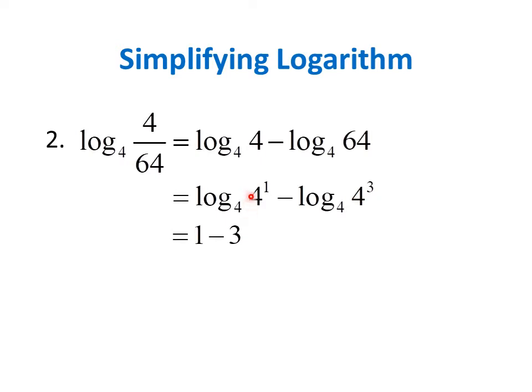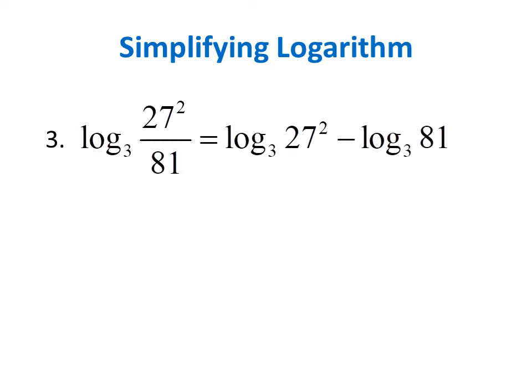Let's evaluate the logarithms. To what exponent do we raise the base 4 to get 4 to the 1? That's 1, the exponent 1. Next, to what exponent do we raise the base 4 to get 4 cubed? We have the exponent 3. Let's simplify. 1 minus 3, that is equal to negative 2.